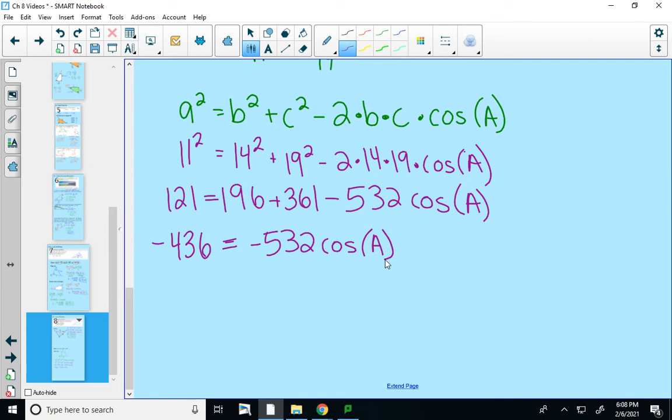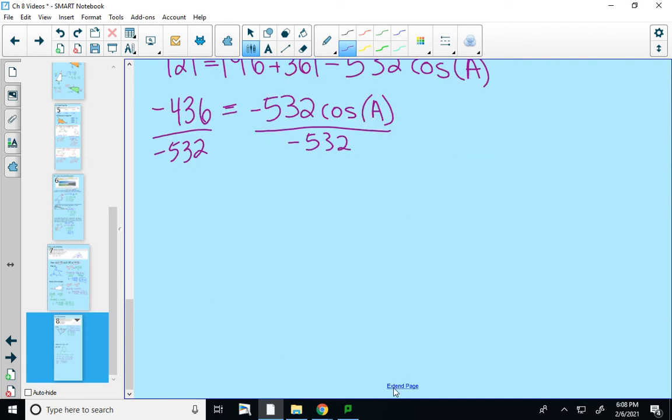Again, we're trying to get A all alone, so let's divide each side by negative 532. If you want to, you could simplify that fraction. I think all I'm going to do for now is get rid of the negative signs because I know that they're going to cancel off. So we'll say we're left with 436 over 532. Again, you can simplify it, but I'm not going to because I'm just going to put that in a calculator anyways.